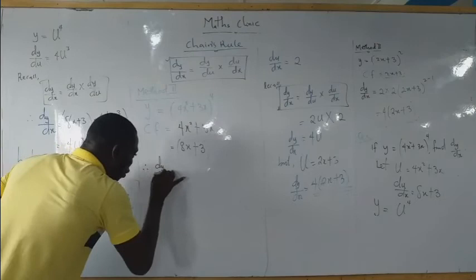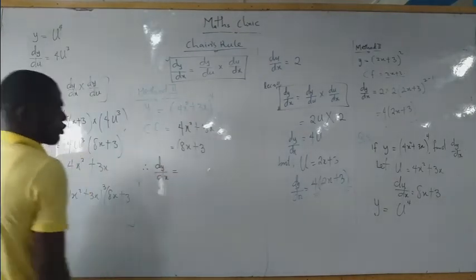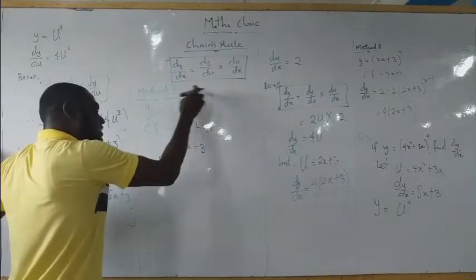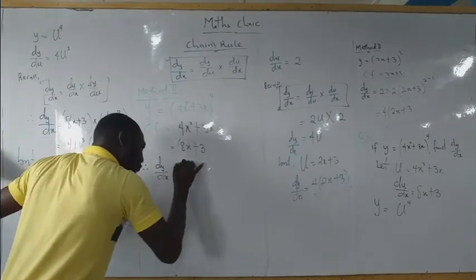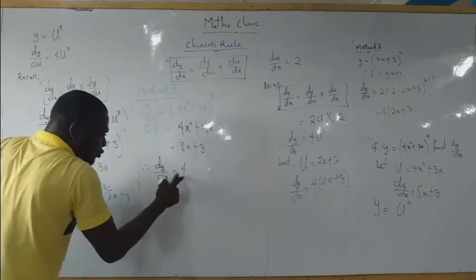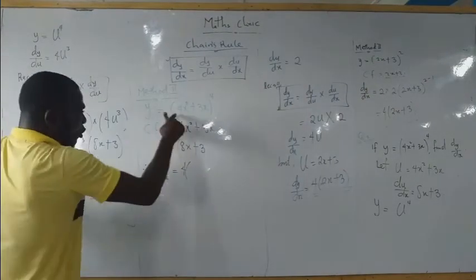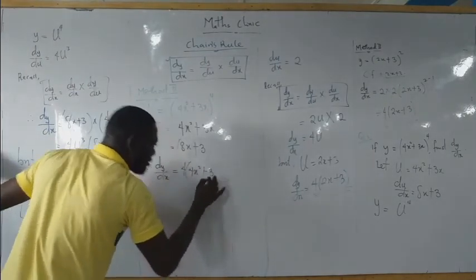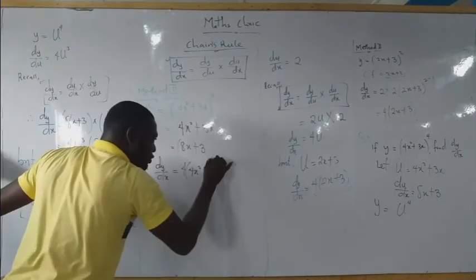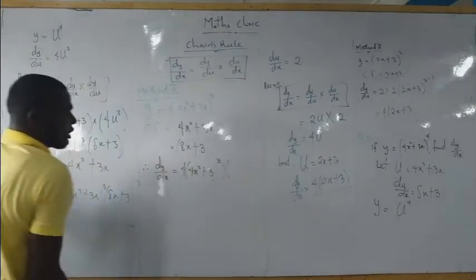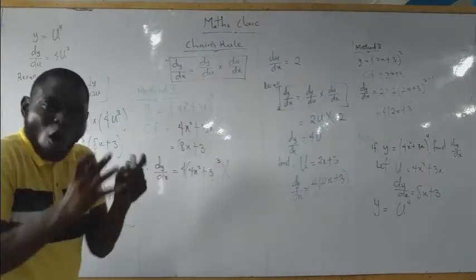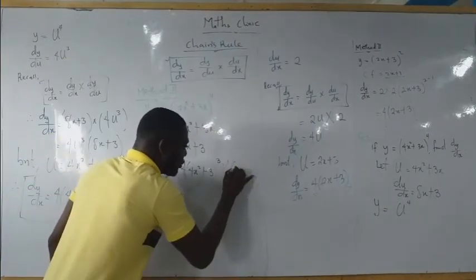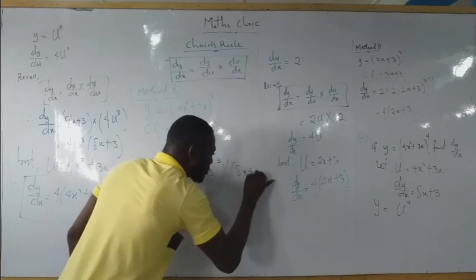dy over dx will be equal to, okay? Now look at this. This is the question. Take this 4 to the front. Into bracket, what do you have here? 4x squared plus 3, and the power becomes 4 minus 1, that's 3, times the derivative of the core function, which is 8x plus 3.